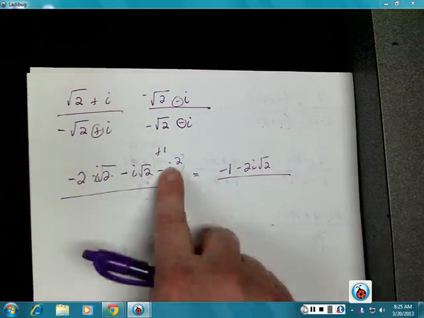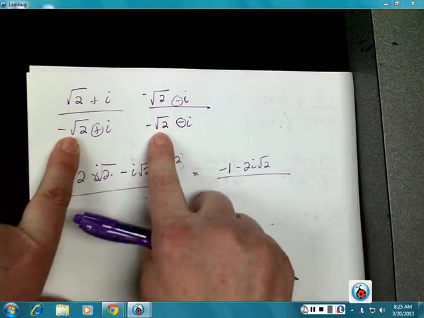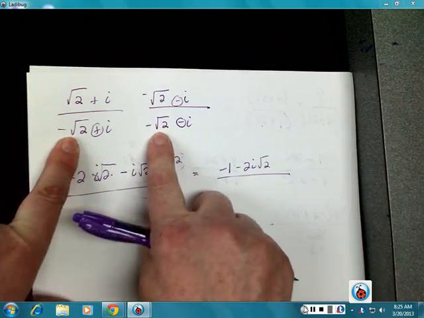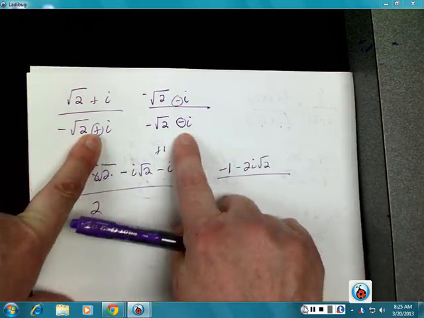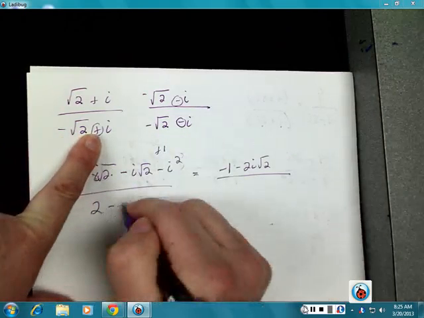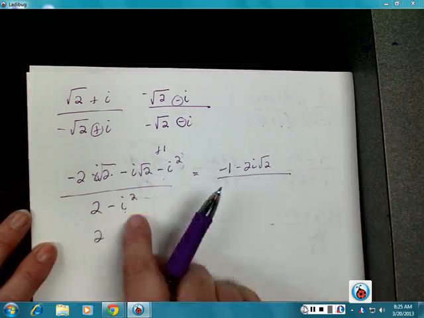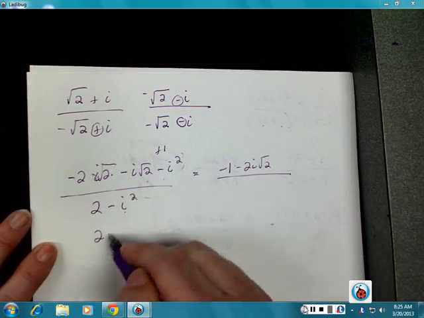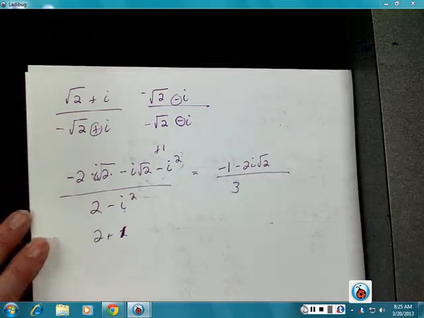And then the bottom, negative square root of 2 times negative square root of 2, positive 2. Positive i and a negative i is a negative i squared. This becomes really a negative 1, but that negative in there makes it a plus 1. Whoops. So really, I have 3 on the bottom.